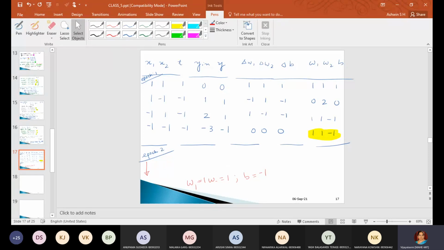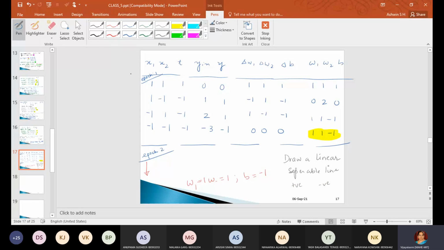Okay. Now another thing is you can draw a linear separable line. I have told you how to draw it, right? We have already discussed how to draw it. And check whether the line separates the positive response and negative response.